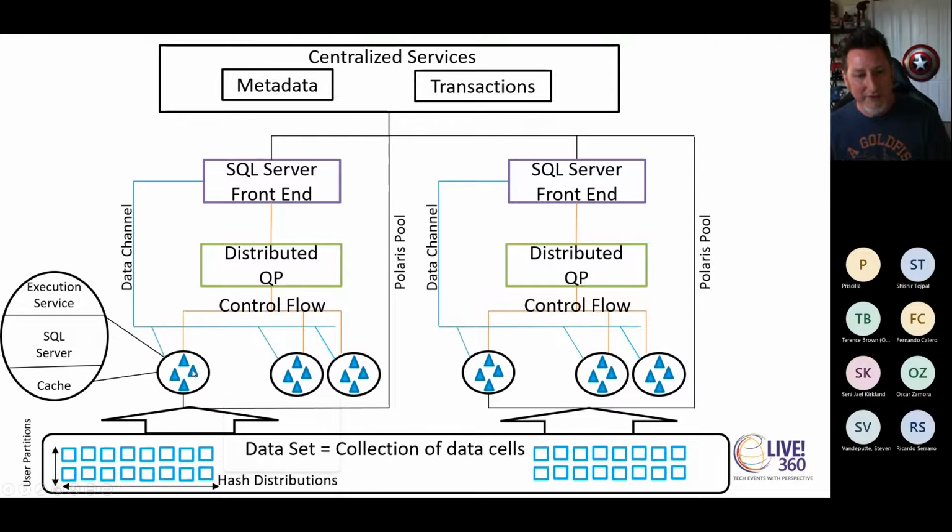And then within here, we have all these individual little tasks where we've got an execution service, a SQL server, and our cache specifically for those tasks. And then we have our collection of data cells. Again, this is going to be our user partitions and the way that we set these things up on our data lake store. We may have the partitions where we're doing our year, month, day, and typically underneath the day, we're looking at our loading pattern, right?